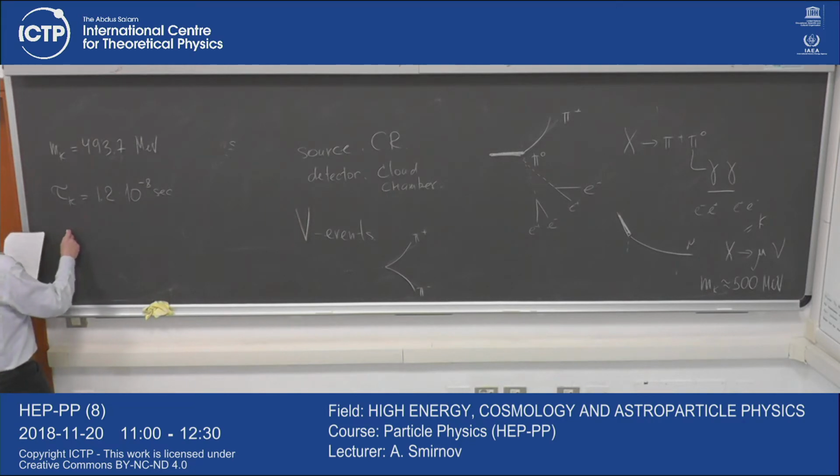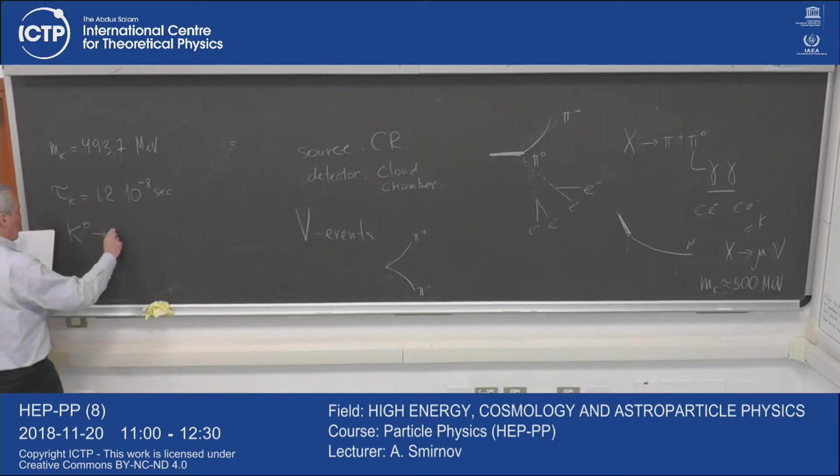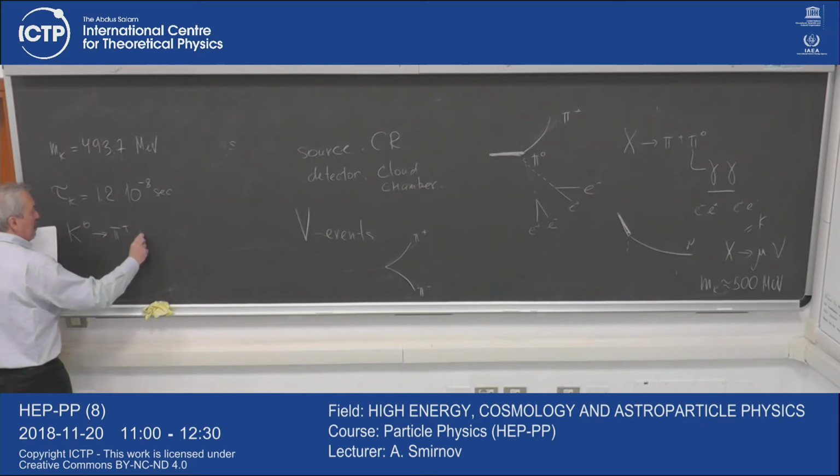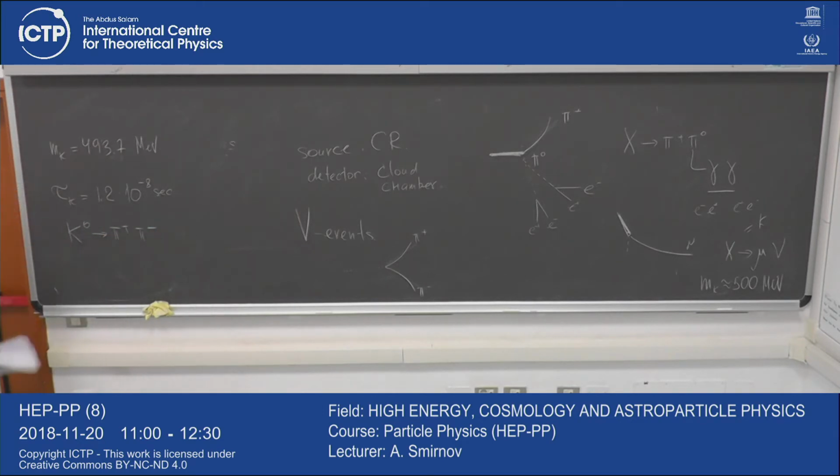The interpretation of V events was K0 going to pi plus and pi minus. So that event is when we have a neutral K meson, which decays into pi plus and pi minus. So we are discovering a family of new particles, K mesons, which have charged components and also neutral components.